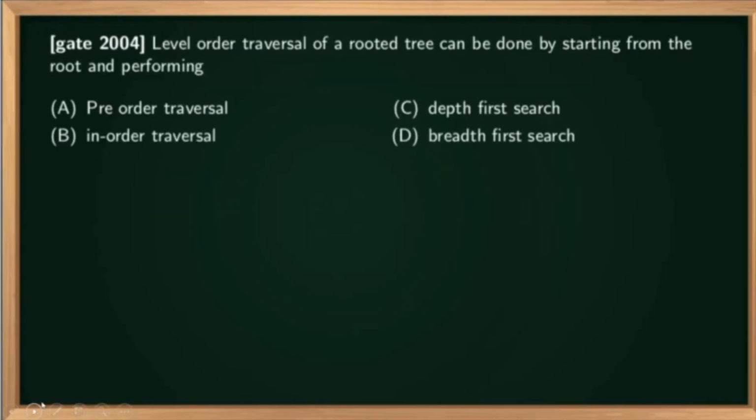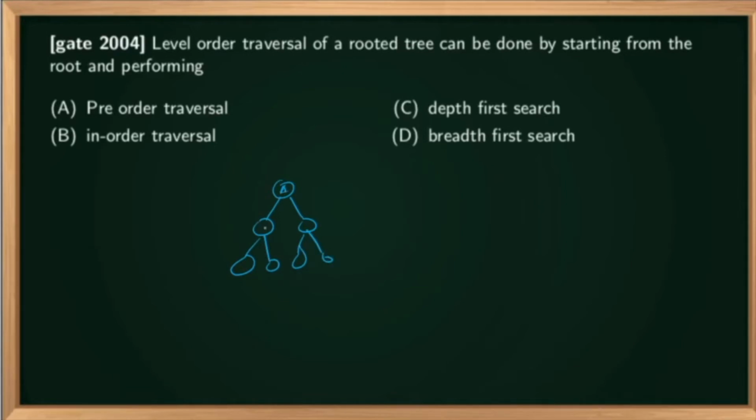Okay, I will just tell what it is actually, because we haven't covered the depth first search or breadth first search. So maybe we'll see this question when we discuss graphs. But as we know, in level order traversal we will visit level by level.